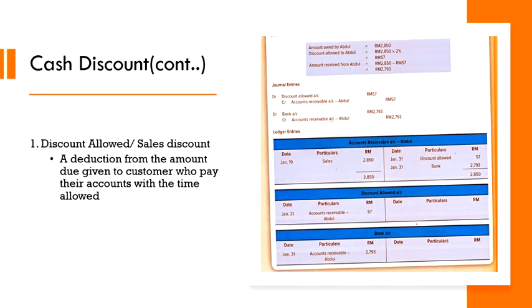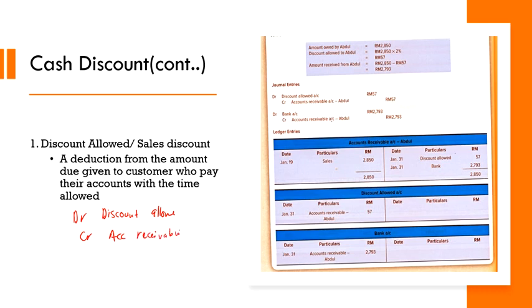Now let's go to the discount allowed or sales discount. Okay, nama lain untuk discount allowed ialah sales discount. A deduction from the amount due given to customer who pay their accounts with the time allowed. So you can refer page 53. So untuk journal entry discount allowed ni, kita akan debit discount allowed, credit account receivable.